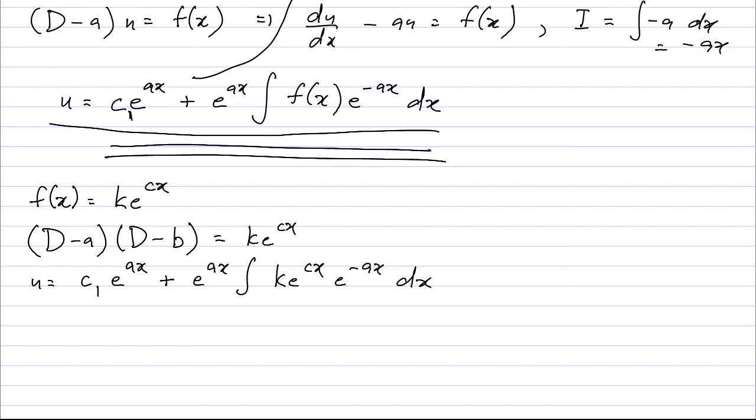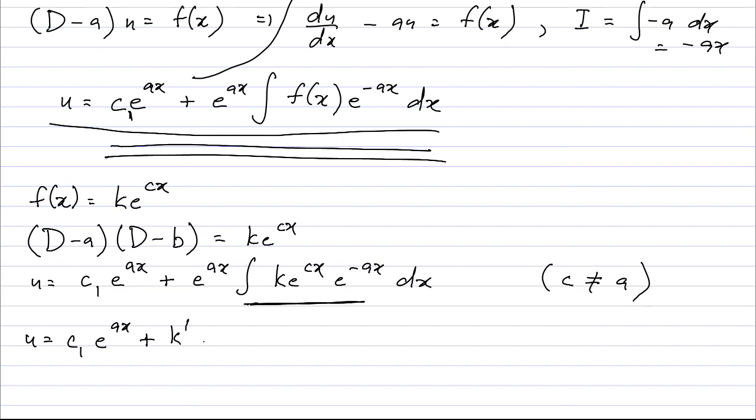Now I'm going to assume that c is not equal to a. We'll learn how to handle that case later on. If c is equal to a, then of course you're simply going to get kx from this integral. But c is not equal to a, so you're going to get u is equal to c1 e raised to power ax plus a constant k divided by c minus a, which is some new constant I call k prime.